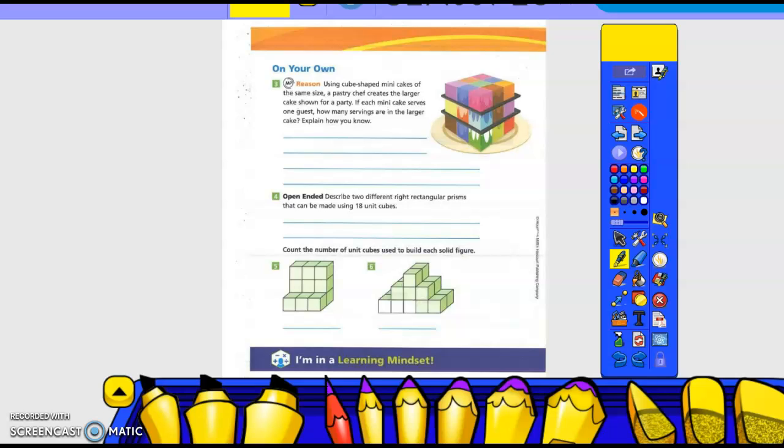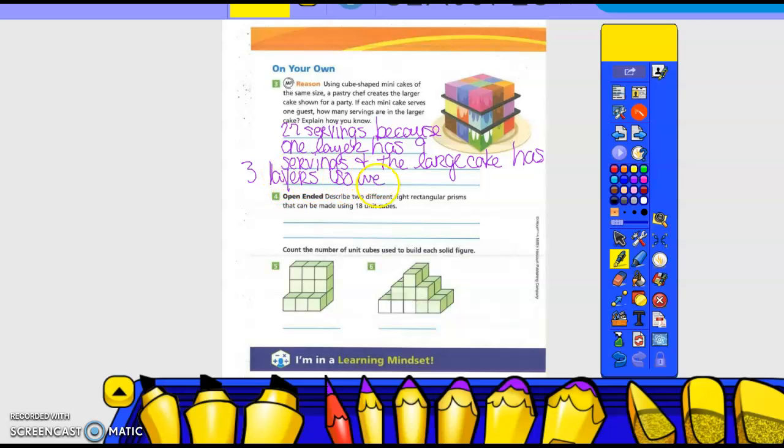So 27 servings, because what did we say? 1 layer has 9 servings, and the large cake has how many layers? 3. Has 3 layers.